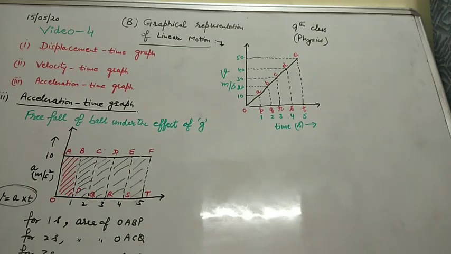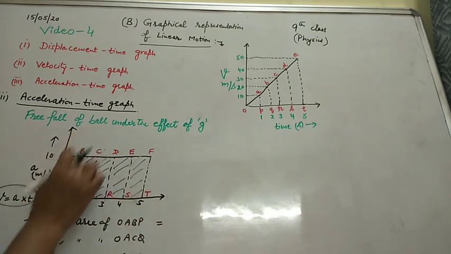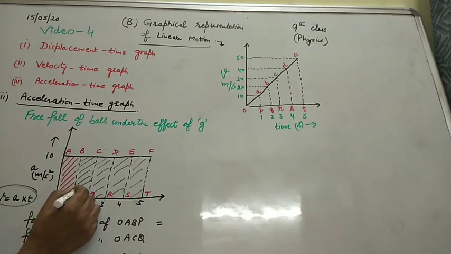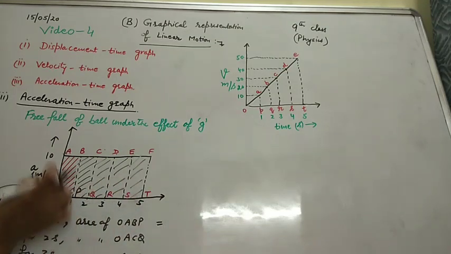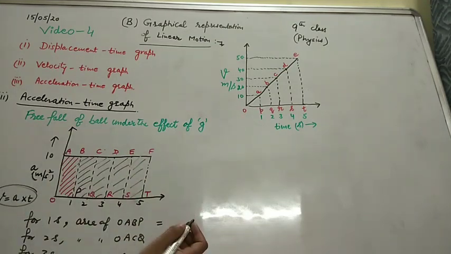Okay, now try to solve this. As you know, the area of rectangle OABP is length into breadth. So length is 10, breadth is 1. So 10 into 1, 10 meter per second. Then 10 into 2, 10 into 3, 10 into 4, and 10 into 5.